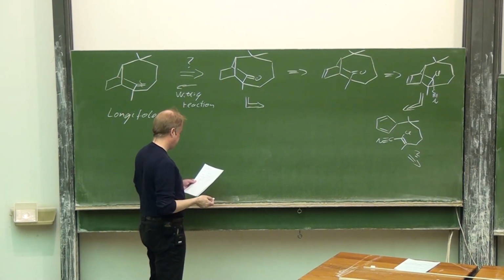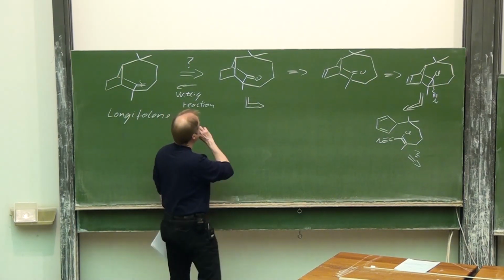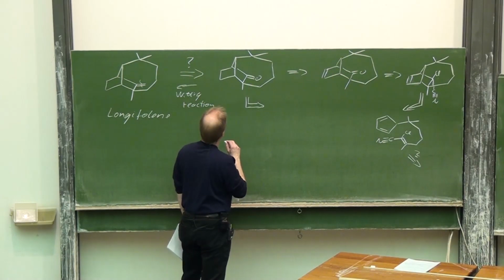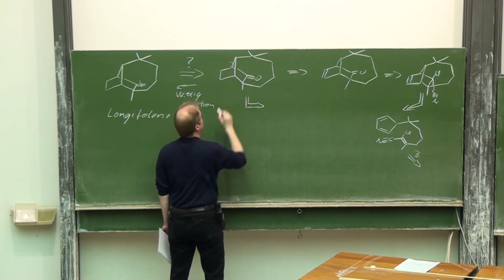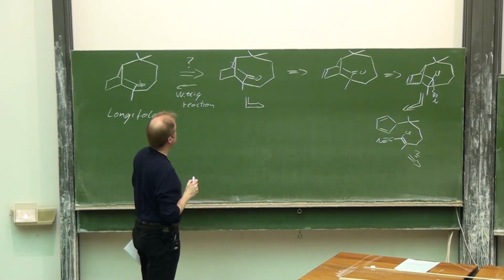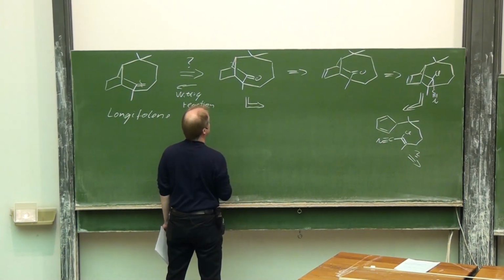So, Corey envisioned that one could disconnect here, having donor reactivity at this position and acceptor reactivity at this position.